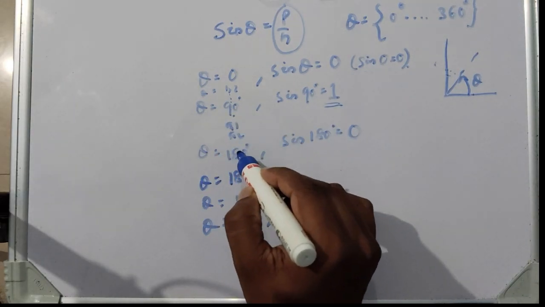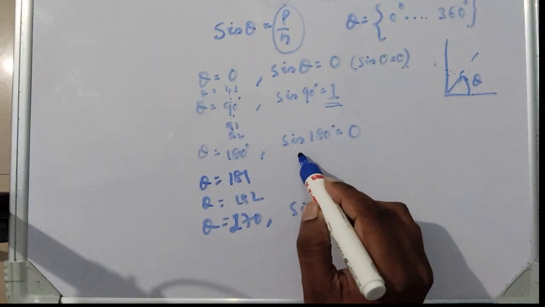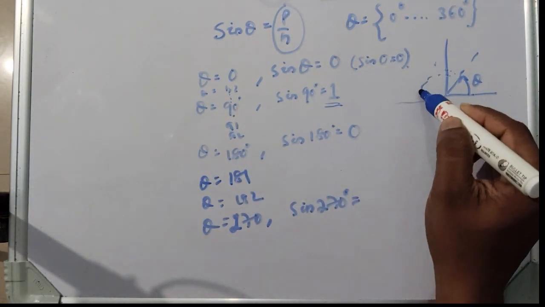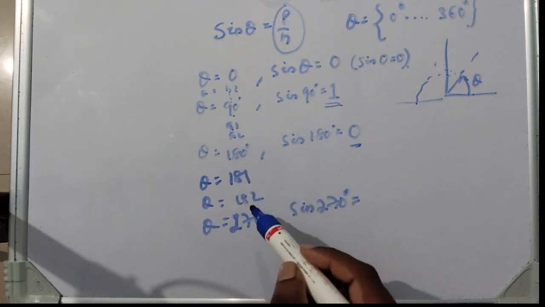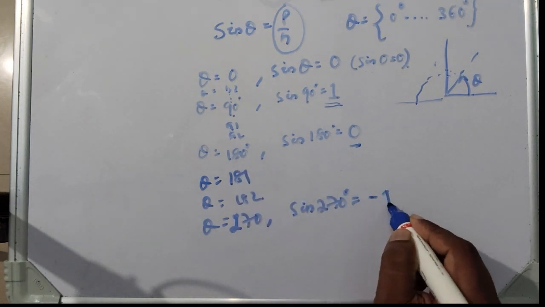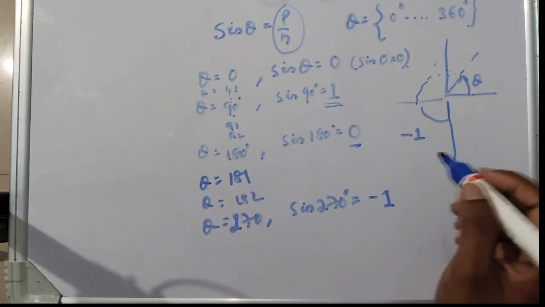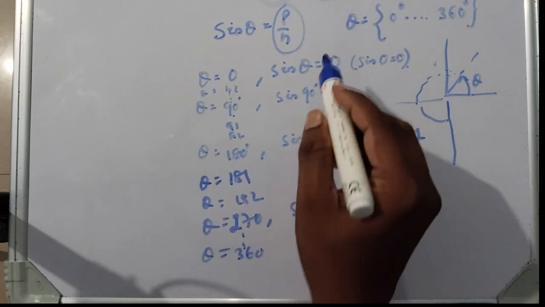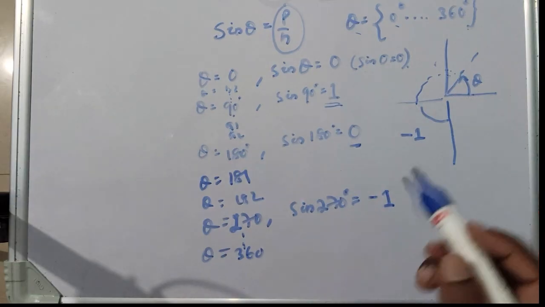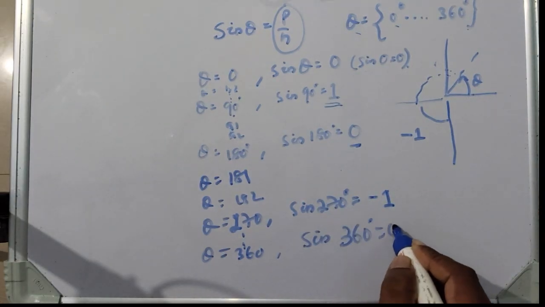When the angle further increases from 90 to 180, sine theta becomes 0. Again when the angle increases from 180 to 270, it becomes -1. When it increases further to 360 degree, because angle ranges from 0 to 360 degree, then sine 360 becomes 0.